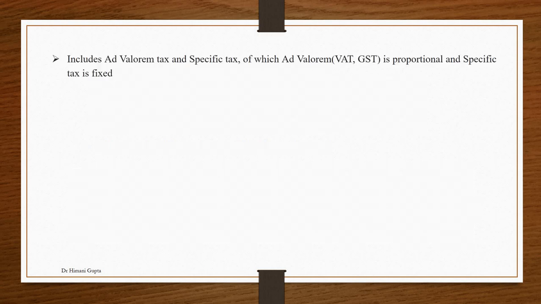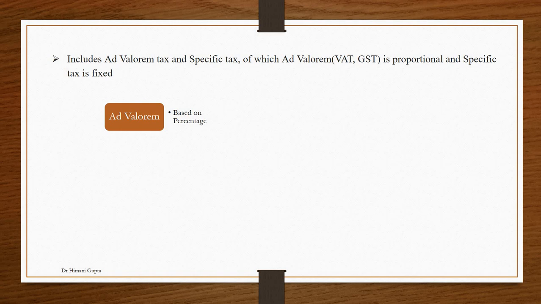Next is, it includes ad valorem tax and specific tax, of which ad valorem, charged on VAT or GST, is proportional and specific tax is fixed. Whenever we talk about ad valorem tax, it is based on percentage.